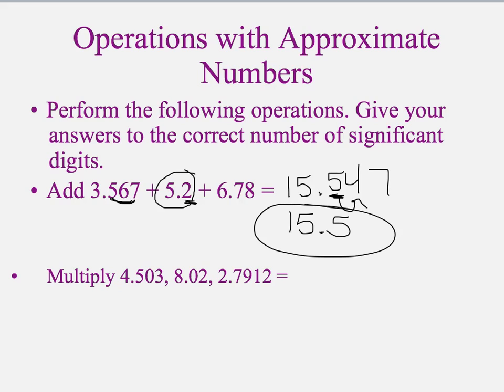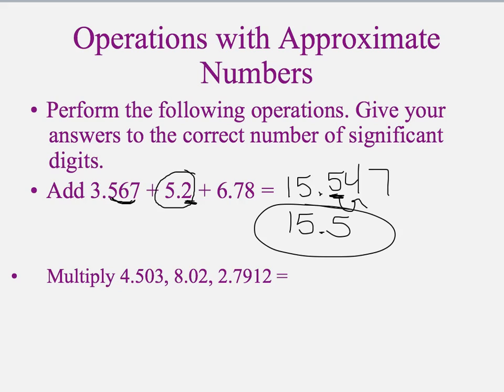And then we want to multiply 4.503 times 8.02 times 2.7912. And when we are multiplying, our answer can only be as accurate as the least accurate number.